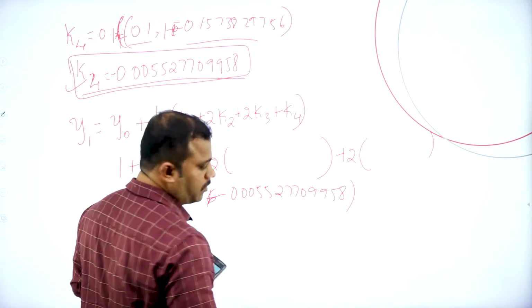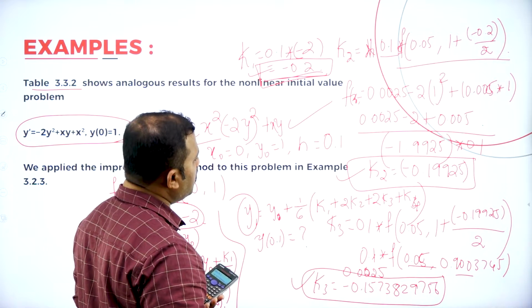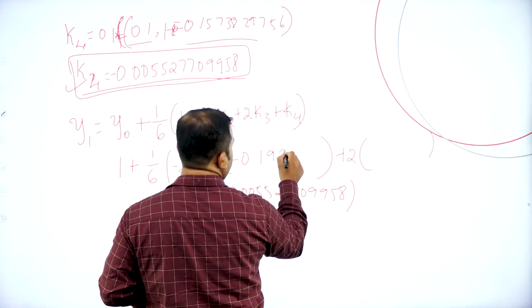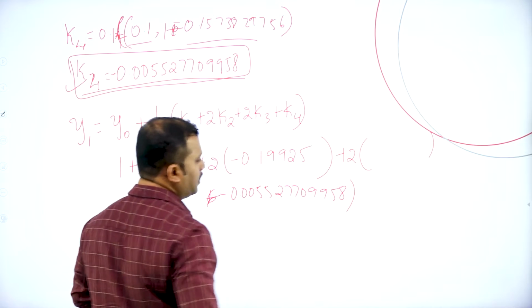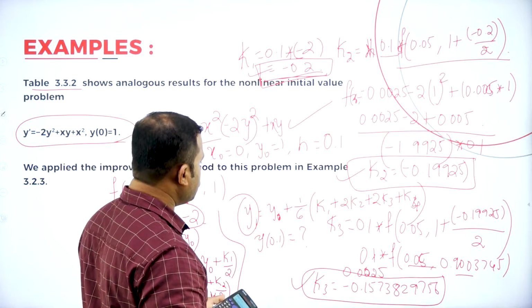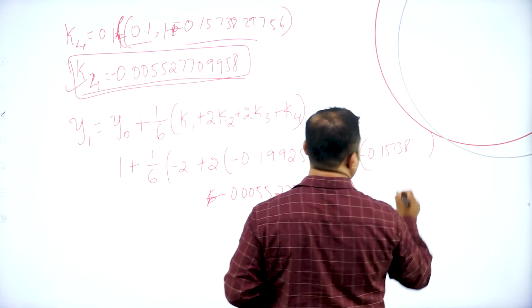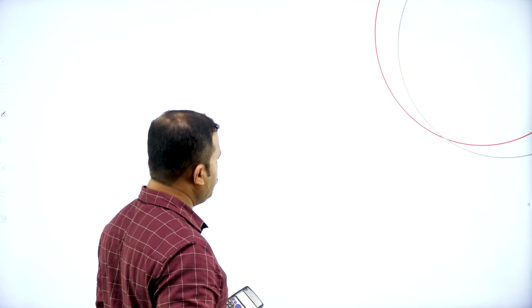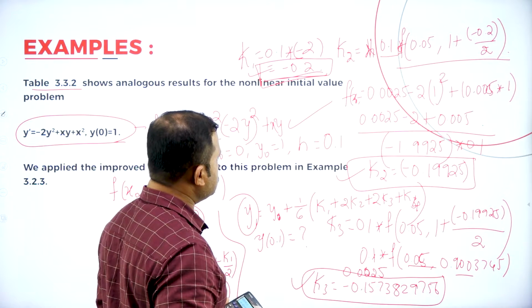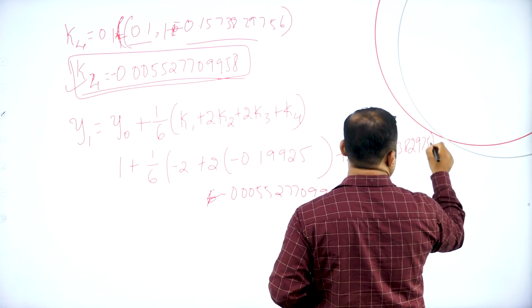Let me copy the K2 and K3 from the previous slide. K2 is minus 0.19925. What is the value of K3? Minus 0.15738299756.